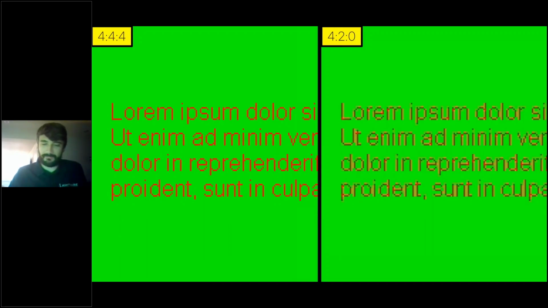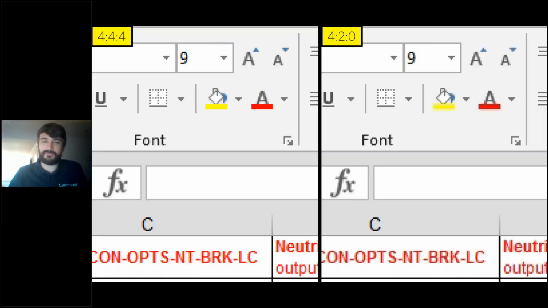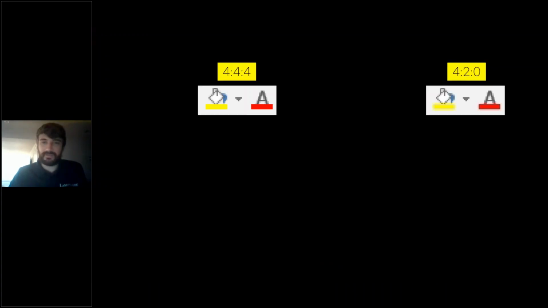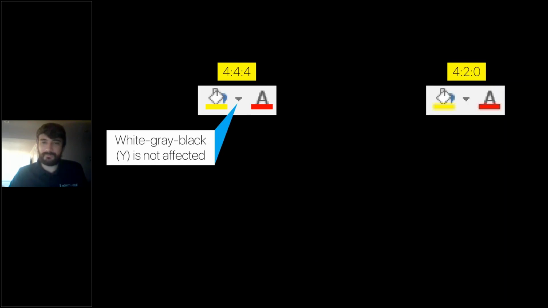So if we take some more common examples, here we've got a slide from Excel, and you can see 444 on the left, 420 on the right. So if we take a look at this and we highlight some of the areas, in this particular area, you can see the gray arrow. They look the same on both sides because it's gray.